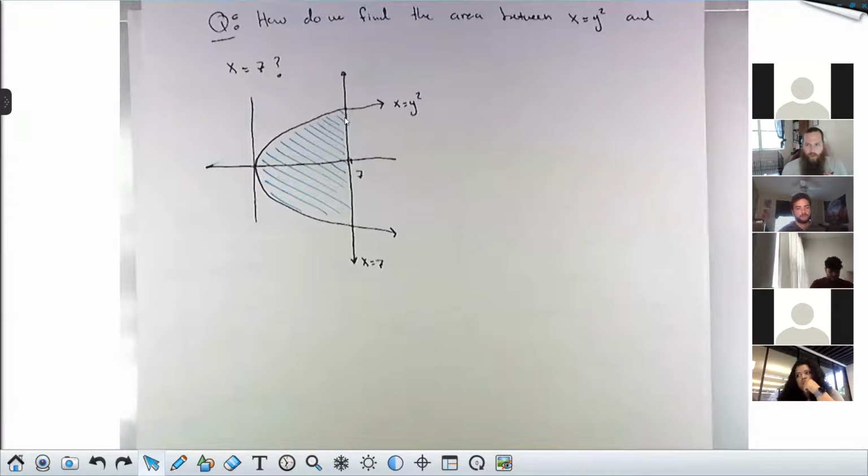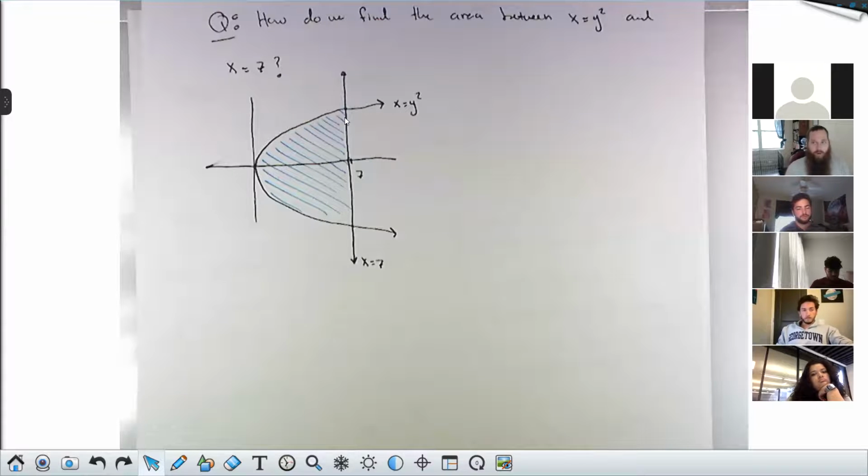To see how we're going to do this, we should ask why we integrated the upper minus the lower in the other cases. In the other cases, we integrate upper minus lower because the upper function is the one that has the larger y value. The lower function is the one that has the smaller y value. Another way to say that is the upper function has the larger output and the lower function has the smaller output.